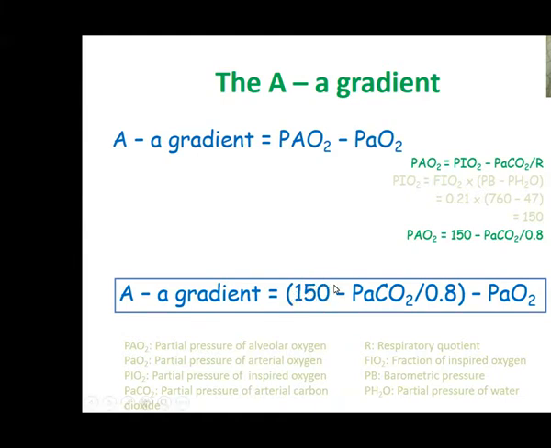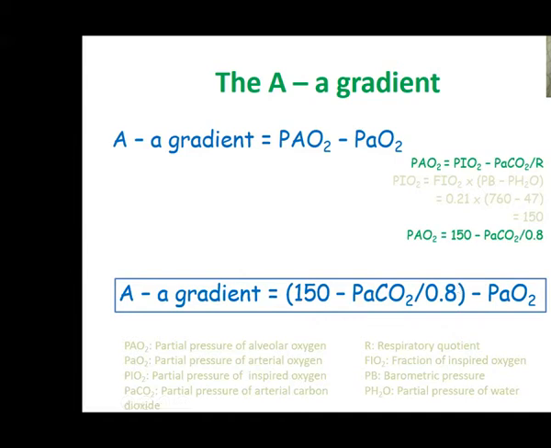So 150, which is the partial pressure of oxygen in the atmosphere, minus carbon dioxide, which you can easily get from your blood gases, divided by the respiratory quotient, which is 0.8, minus PaO2, that is the arterial oxygen. All this is available from the blood gases if the patient is on normal room air. By putting these values in there, you can calculate the AA gradient.